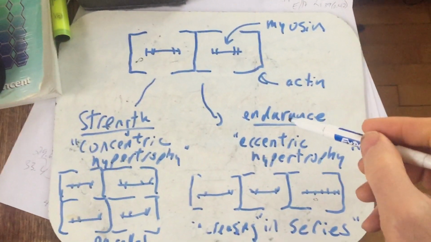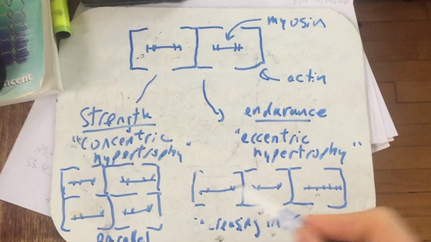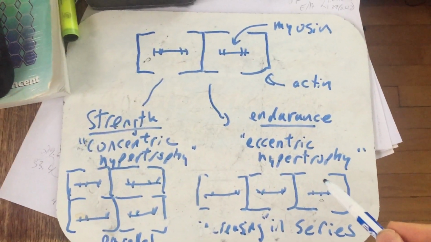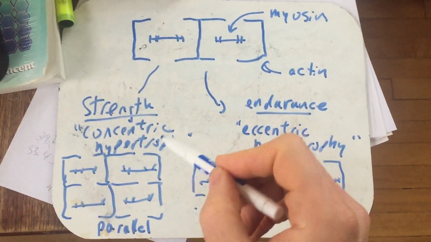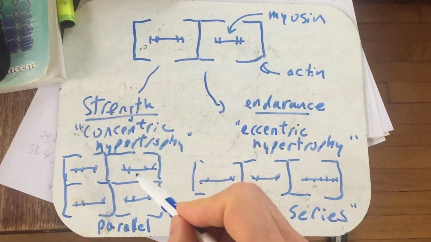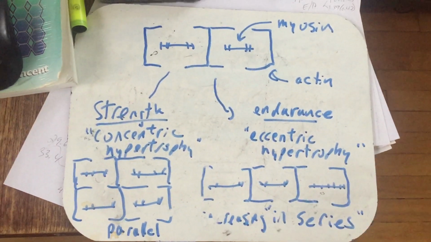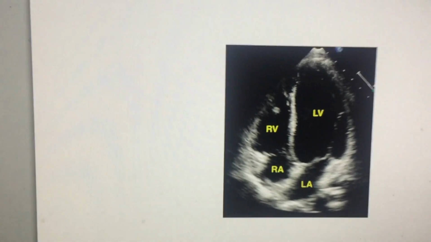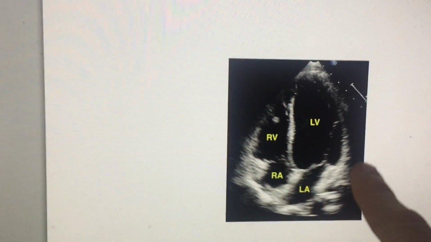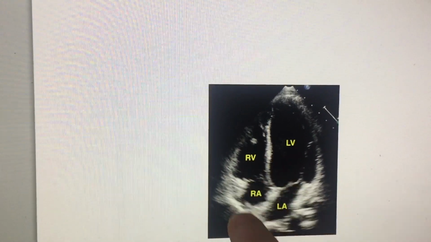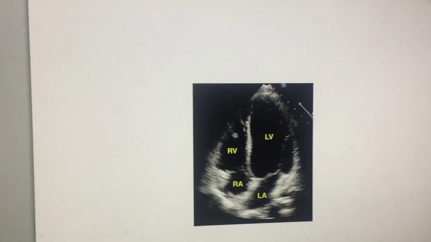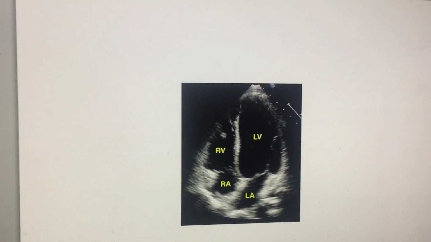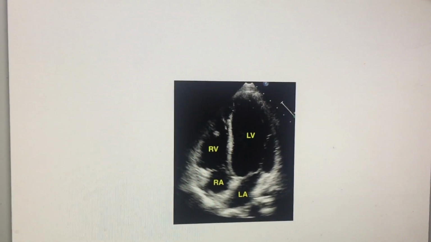So endurance training: volume overload, eccentric hypertrophy, the sarcomeres increasing in series. With strength training, you get a pressure overload, concentric hypertrophy, an increase of the sarcomeres in parallel. That results in a thickening of the walls of the ventricle in a strength-trained person, and an increase in the volume of the left ventricle, and probably the right ventricle as well, in an endurance-trained person.